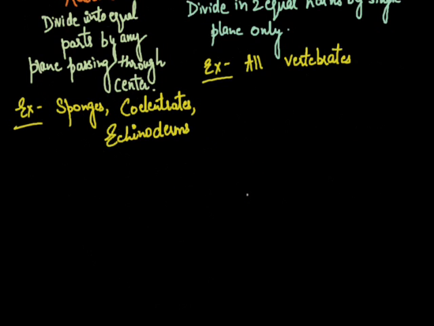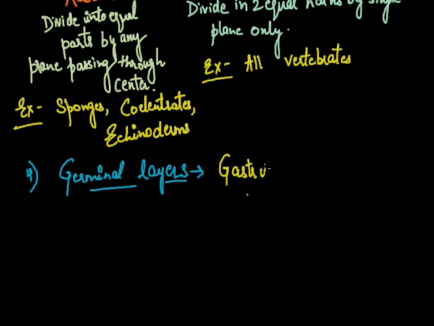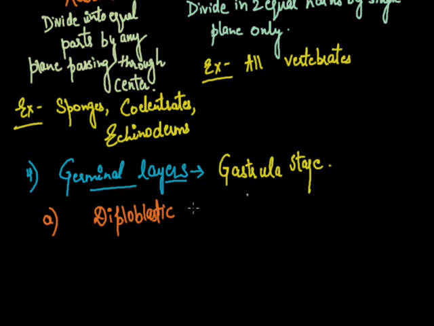Now, if we further move on to the next basis, the fourth is the germinal layer. These germinal layers are formed in the gastrula stage. There are mainly two types of organisms on the basis of germinal layer: diploblastic animals.